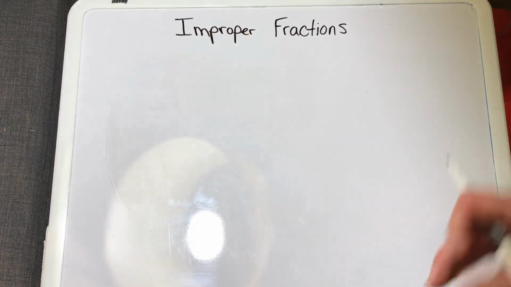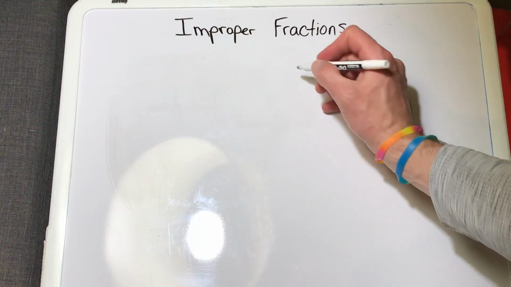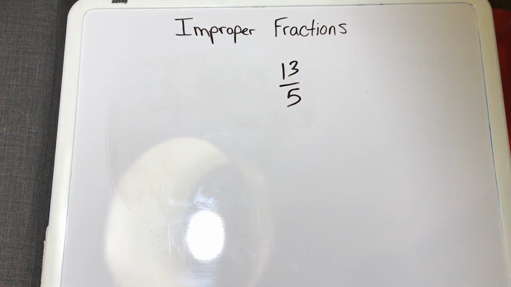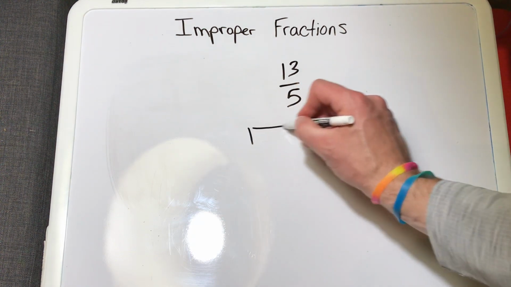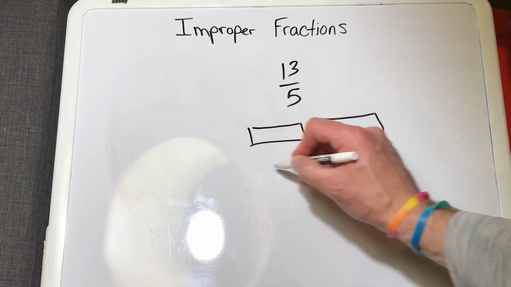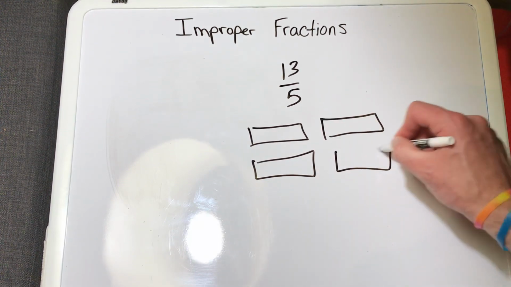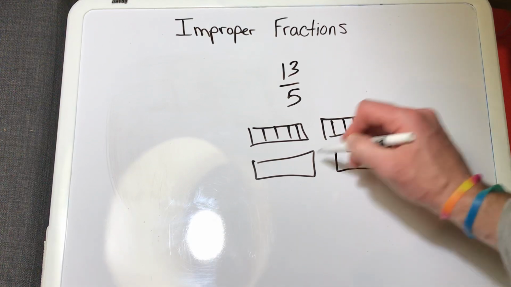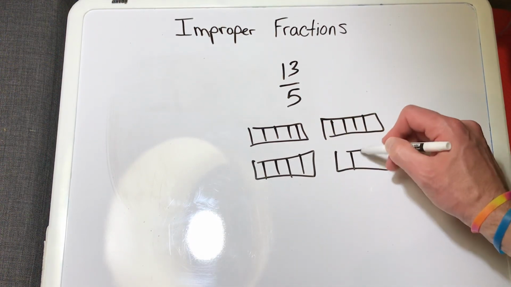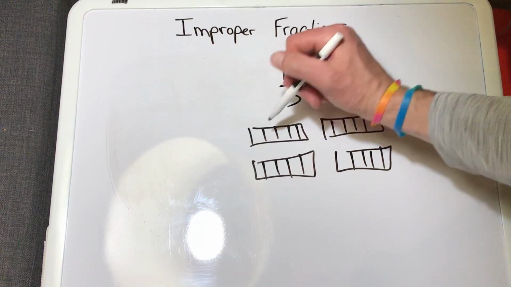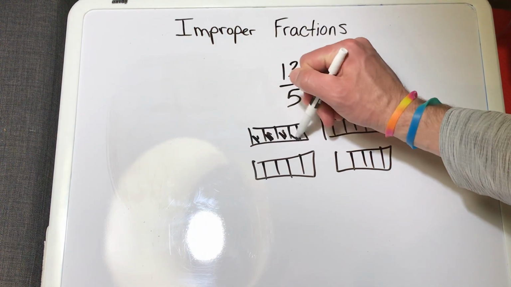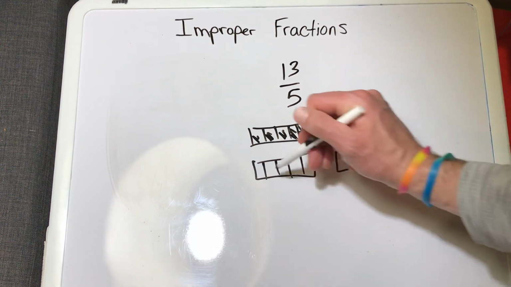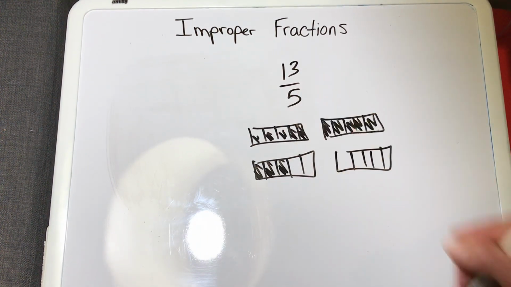And just to show you that again, let's say I've got 13/5. So I can draw out a bunch of chocolate bars, and I can split those chocolate bars into fifths, and I can color in 13 of those. 1, 2, 3, 4, 5, 6, 7, 8, 9, 10, 11, 12, 13.